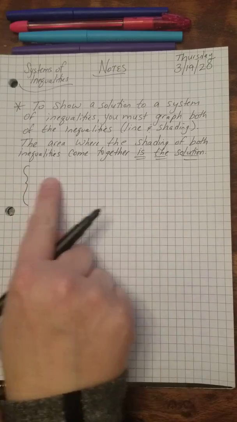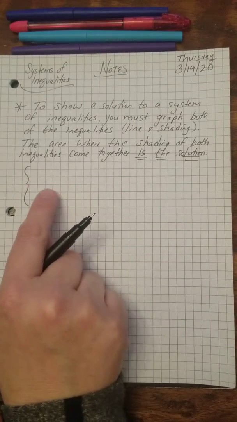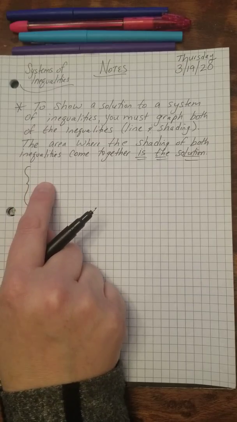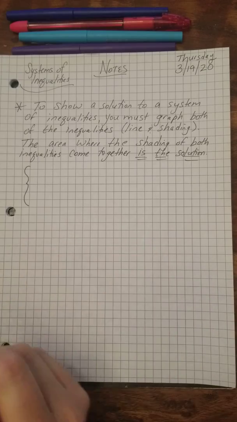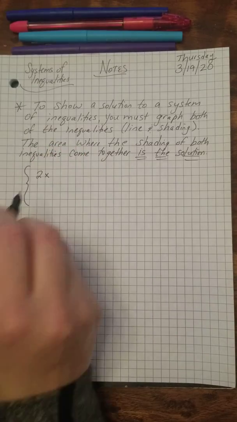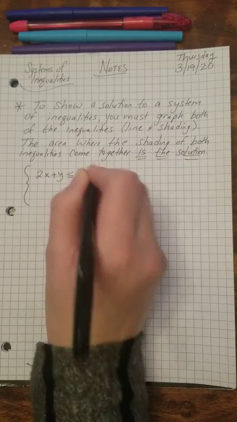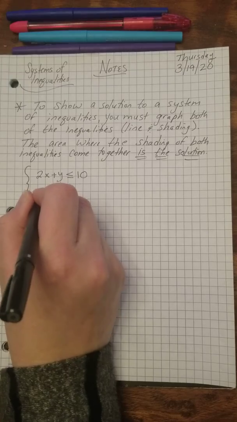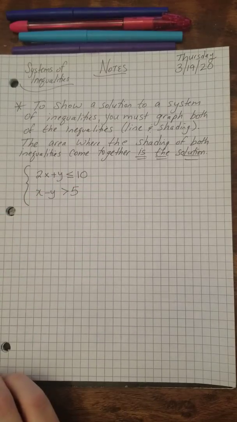But today, for the one example that I'm going to show, I'm going to make inequalities in standard form to show that you need to put it into y equals mx plus b to get that line. So we're going to start with 2 inequalities. We'll do 2x plus y is less than or equal to 10. And then we'll do x minus y is greater than 5.